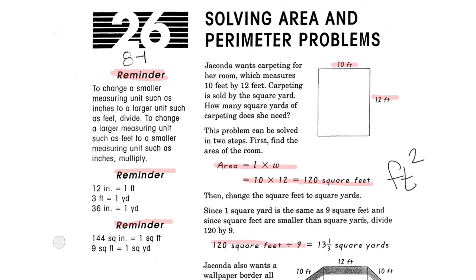So if you take 120 and divide by 9, you get 13 1/3 square yards. Or if you did it on your calculator, you'd end up with 13.333, and it repeats. So we would write that as 13.3 repeating square yards. And remember, you could write that as yards squared.